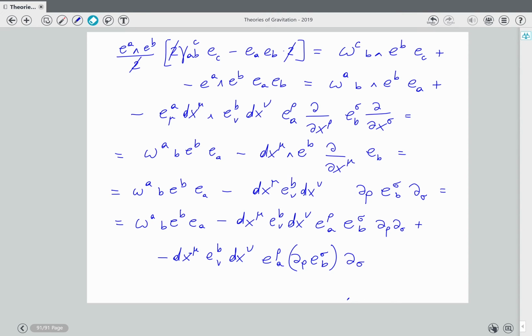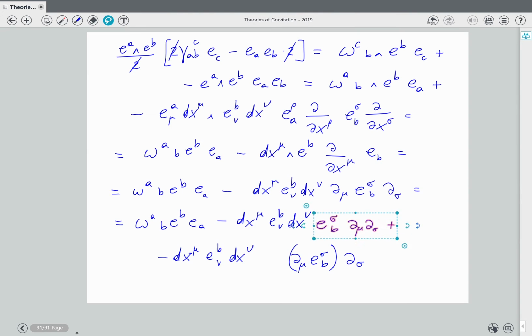So EA rho is not there, and instead of partial rho, you have partial mu. Now it should be right, we will see it in a moment.